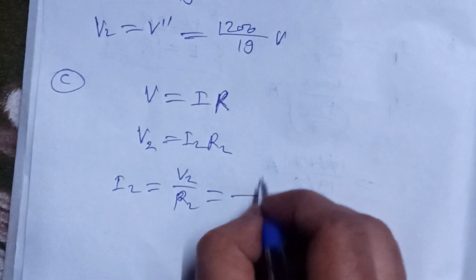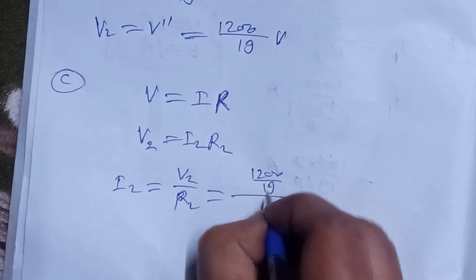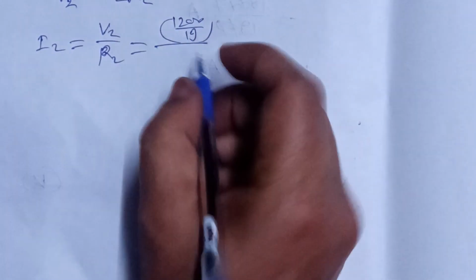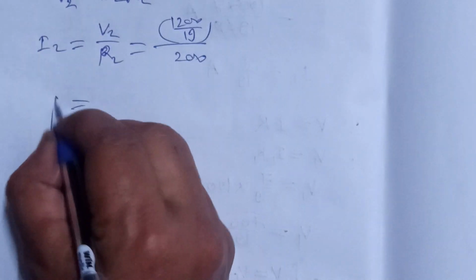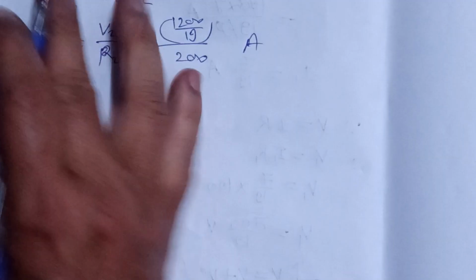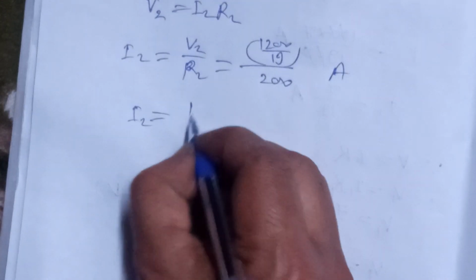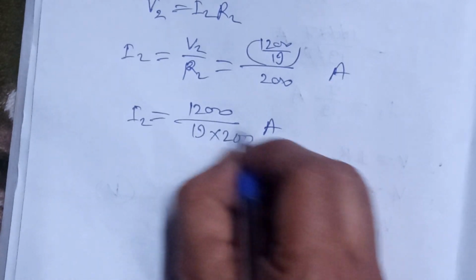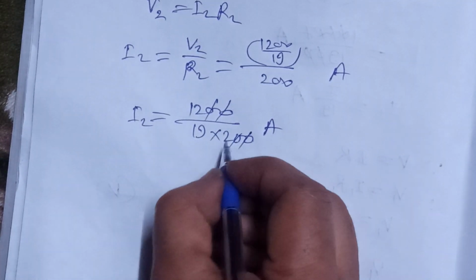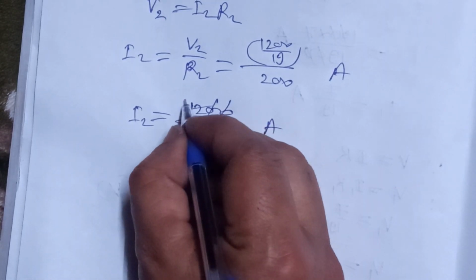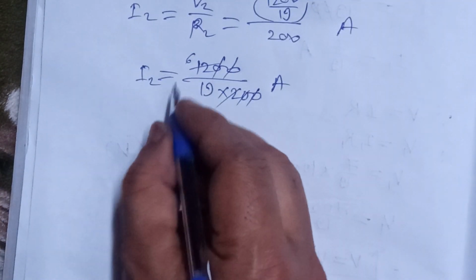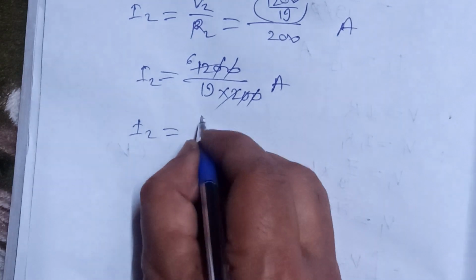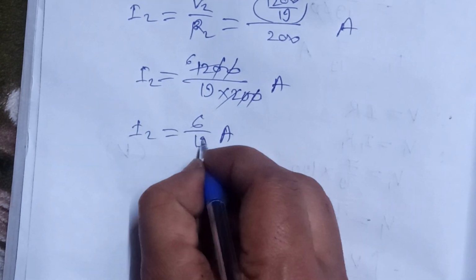V2 is equal to 1200 upon 19, and R2 is 200. So I2, the unit is ampere, is 1200 upon 19 into 200 ampere. 20 is cancelled out, and 2 also cancelled. 12 by 2 is 6. So I2 is equal to 6 upon 19 ampere.